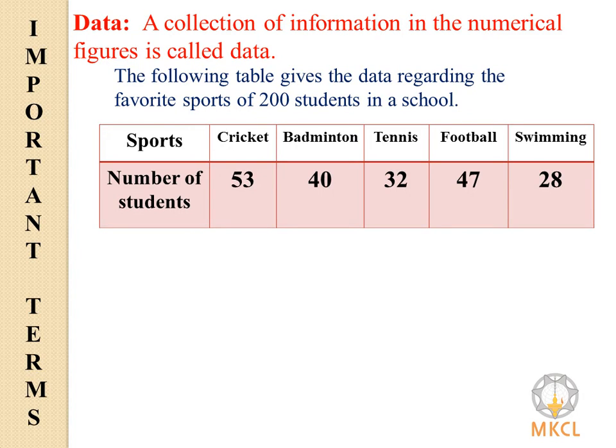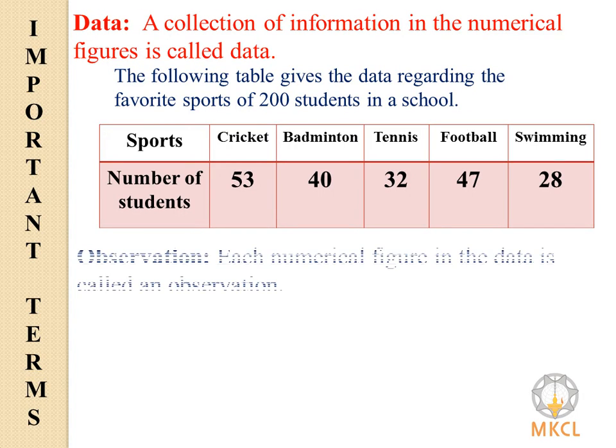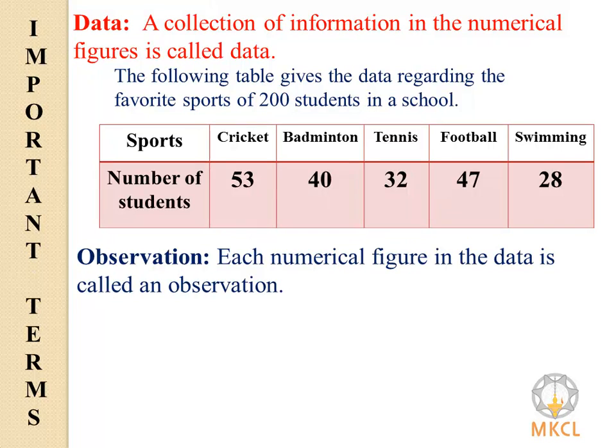The sports are cricket, badminton, tennis, football and swimming. Next term, observation. Each numerical figure in the data is called an observation. In the above table, 53, 40, 32, 47, 28 are observations.